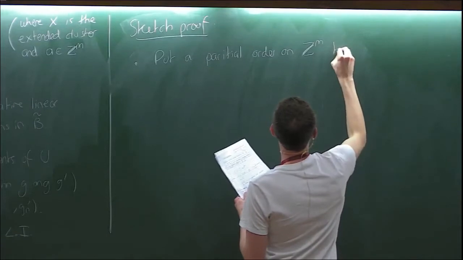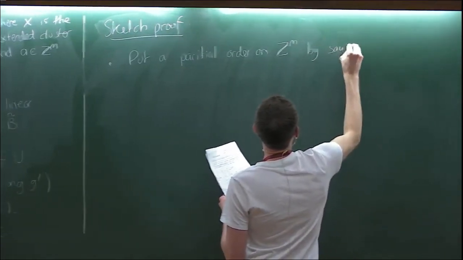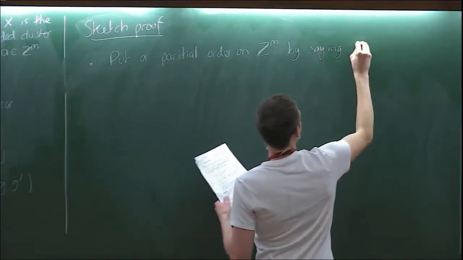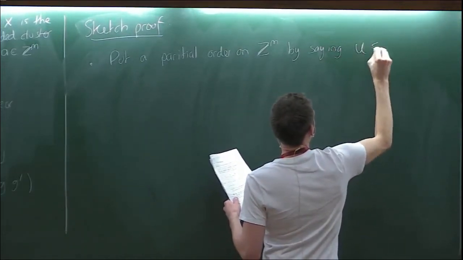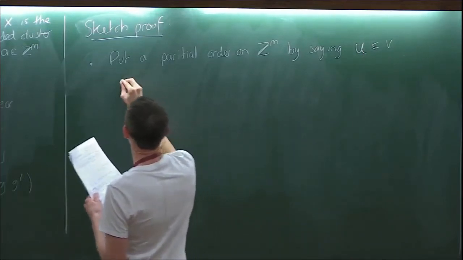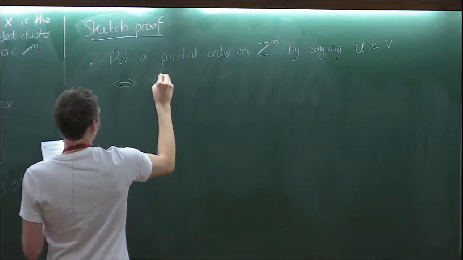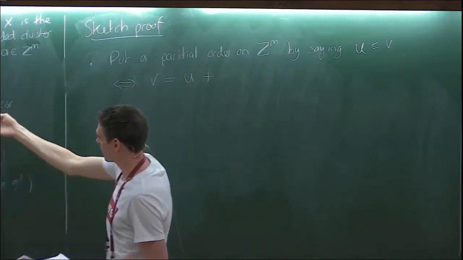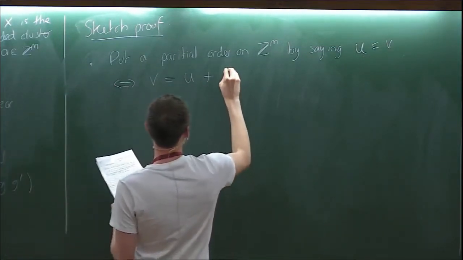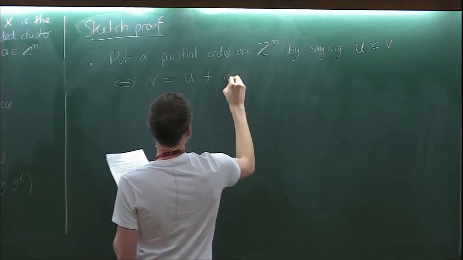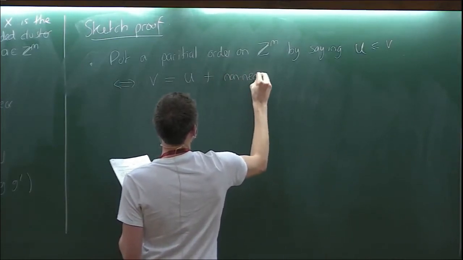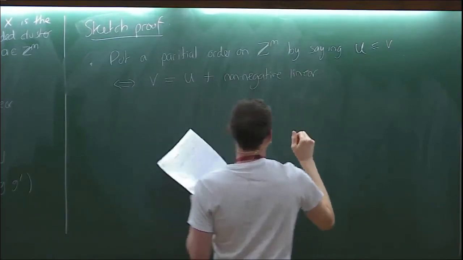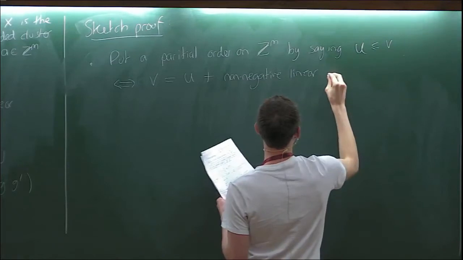Well, by saying that u is less than v if and only if v equals u plus a non-negative linear combination of columns in B tilde.